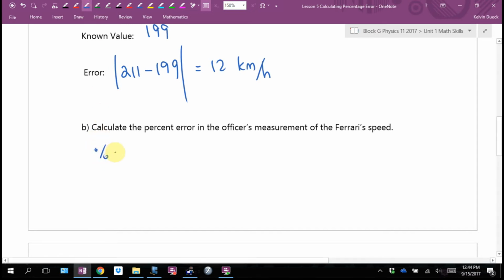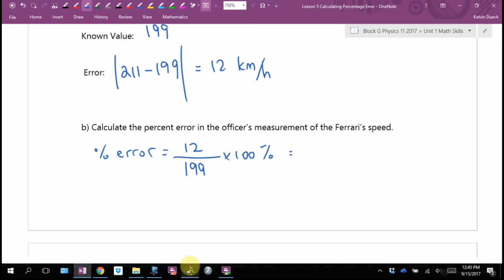My symbol for percentage error is the percent symbol and then error. That's going to be the numerical error divided by which of those is the correct known value? 211 or 199? 199, and then multiply it by 100 to get a percent.